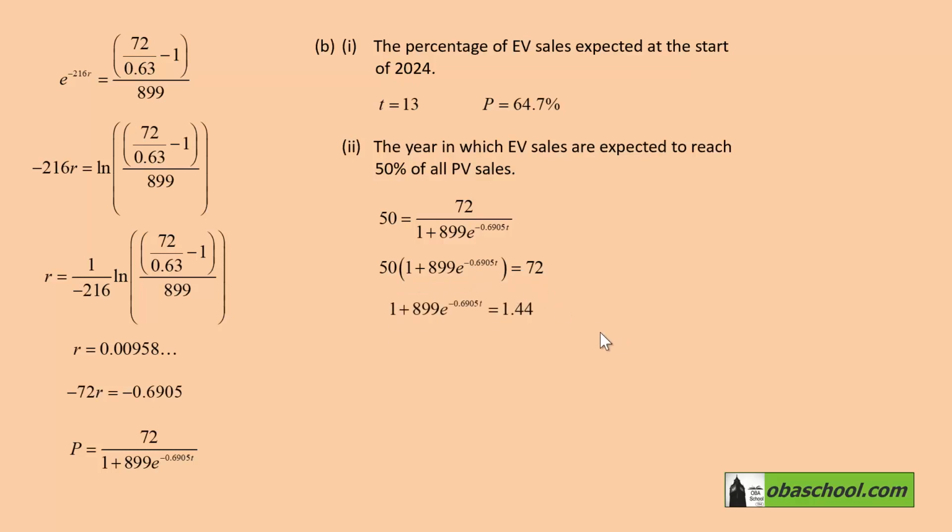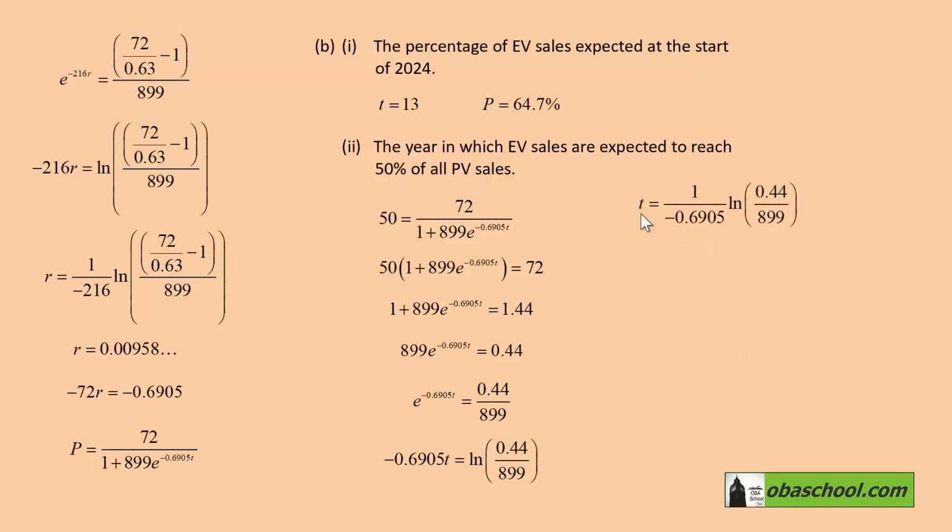Divide both sides by 50. Subtract 1. Divide by 899. And then take the natural log of both sides. And therefore t is going to be this once we divide both sides by negative 0.6905.